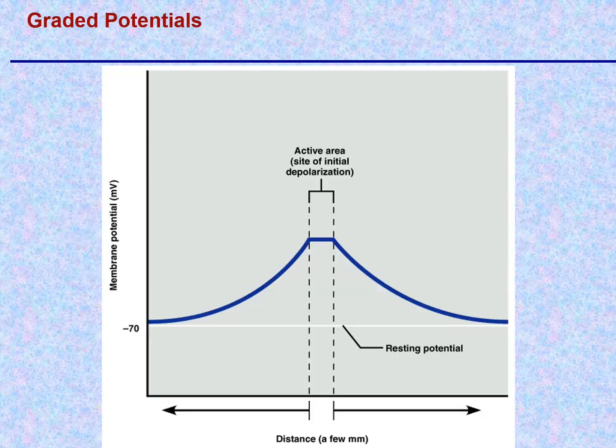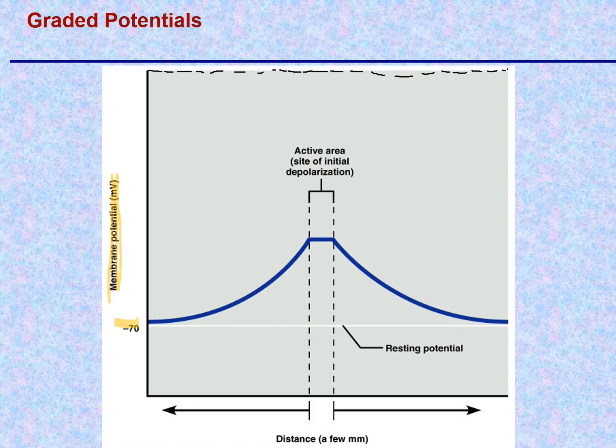Okay, so here's an example of a graded potential. Let's say the threshold is up here. This would be threshold, but this is a graded potential that doesn't reach that threshold. We're looking along this axis at the membrane potential, and it's the resting membrane potential, minus 70.